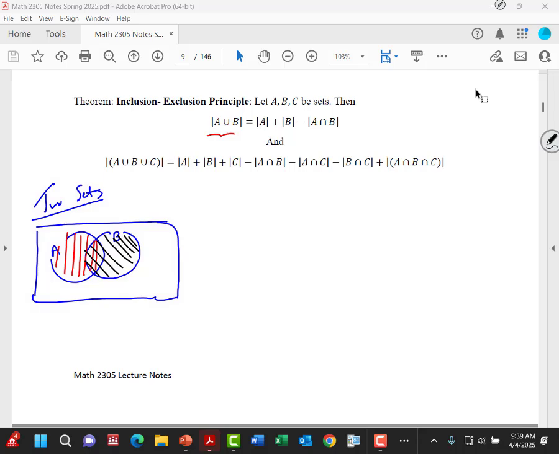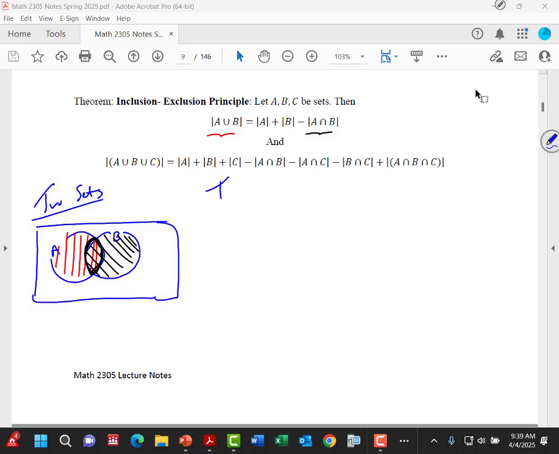I shaded it twice. And so that's why I have to subtract out the number of items, or the cardinality, of the intersection A and B. That's this segment right here, this overlapping region.